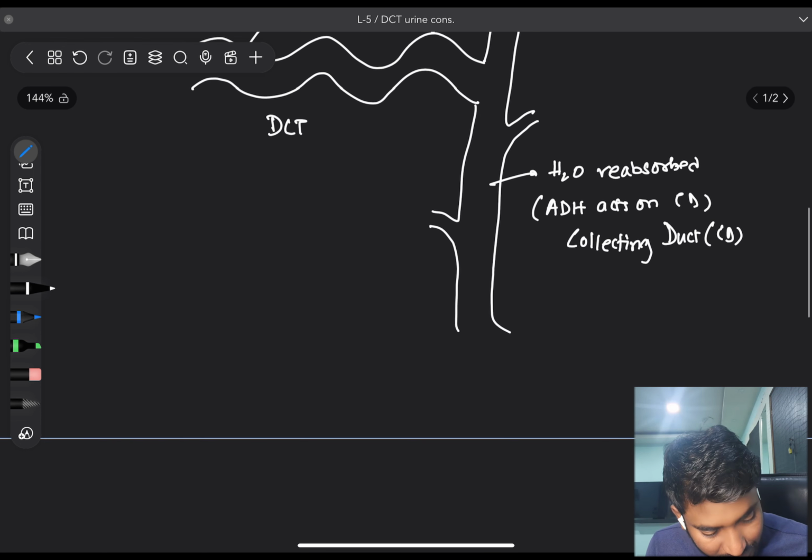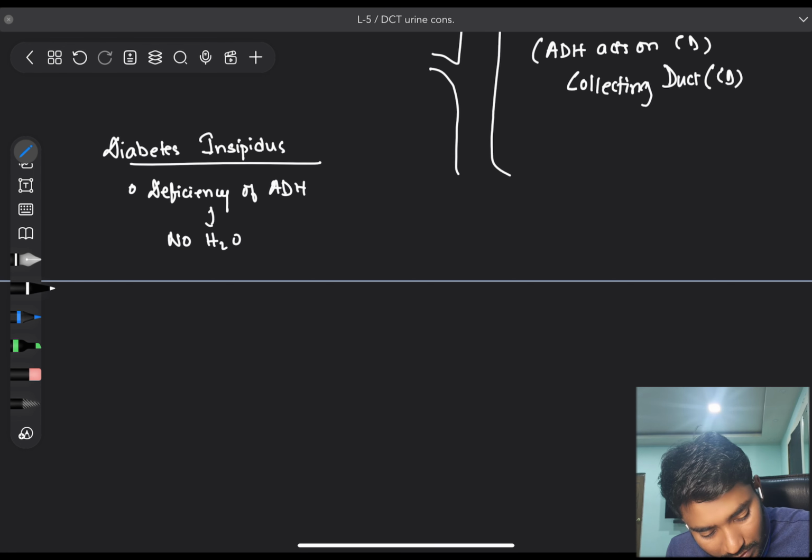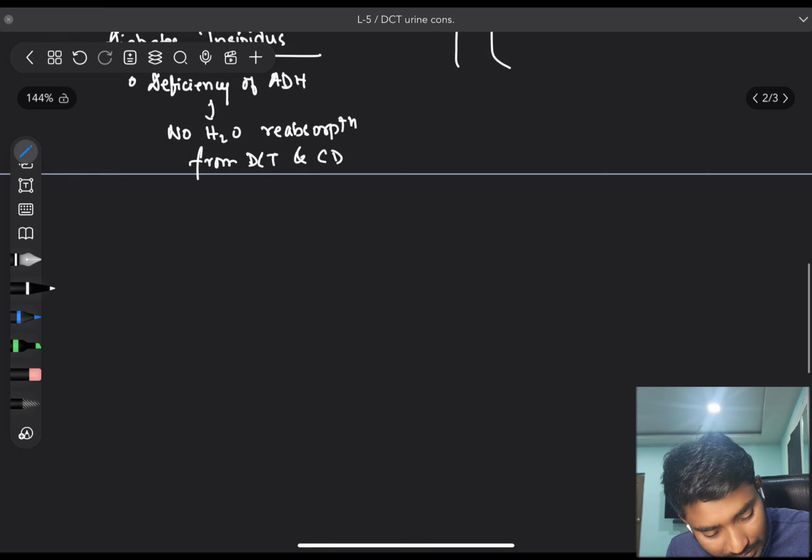Now, in case of diabetes insipidus, there is a deficiency of ADH. What happens? No water reabsorption from DCT and collecting duct.